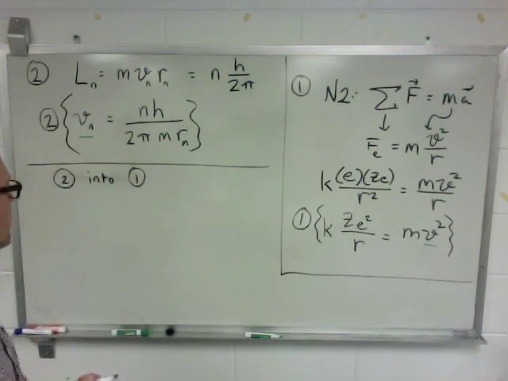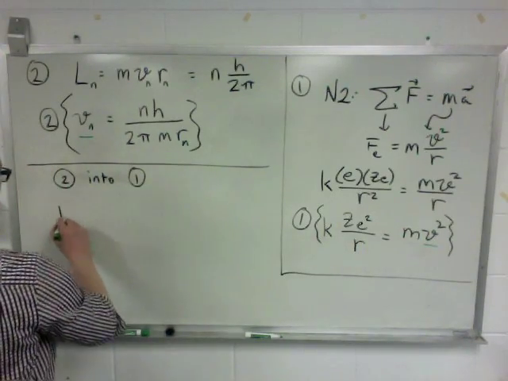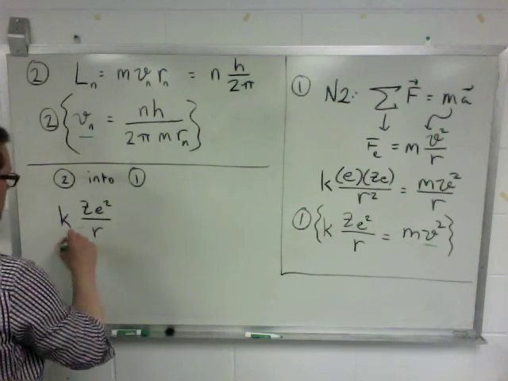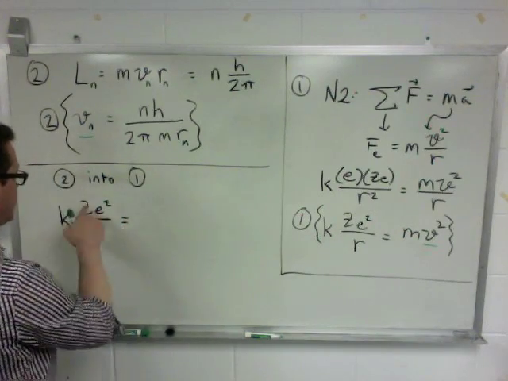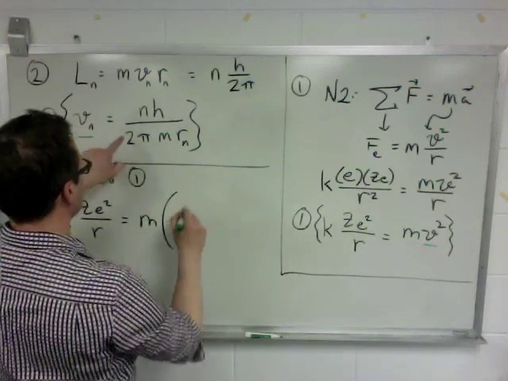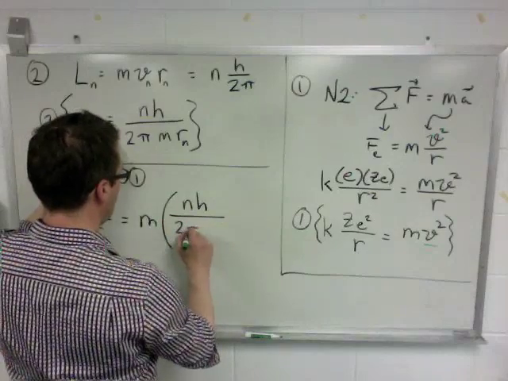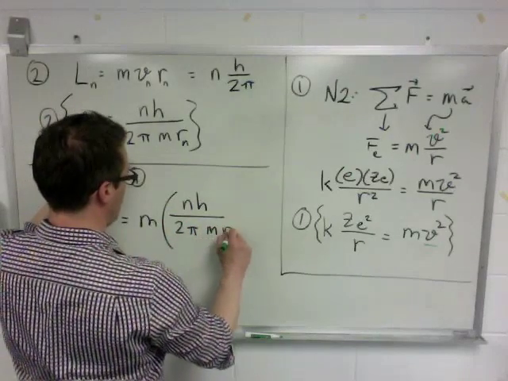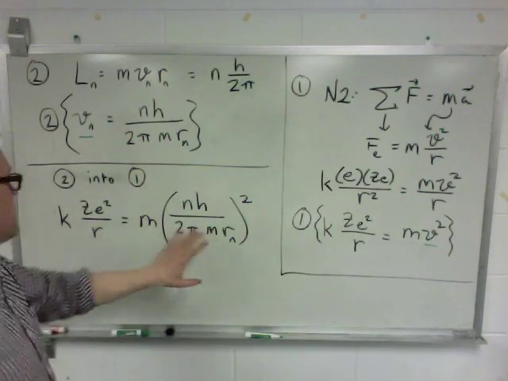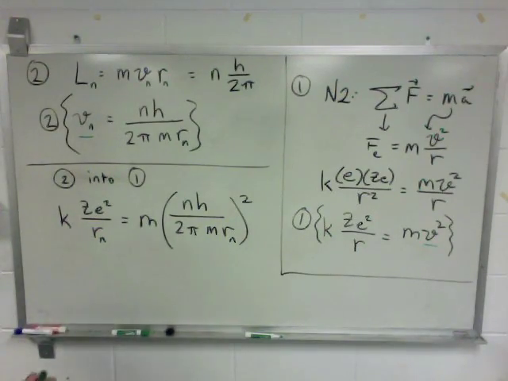Okay, so hopefully you've already done this, but just to reiterate, if I plug this equation into this equation, I get k z e squared over r, and that equals m, and then I want to plug all of this stuff in. So I've got n h over 2 pi m r sub n, and that's all squared. Then it's just a little bit of an algebra simplification exercise.